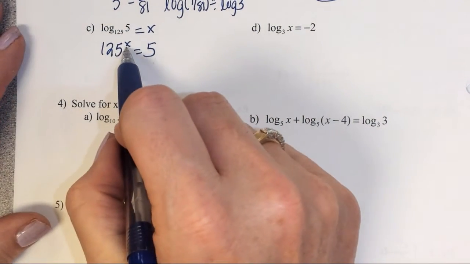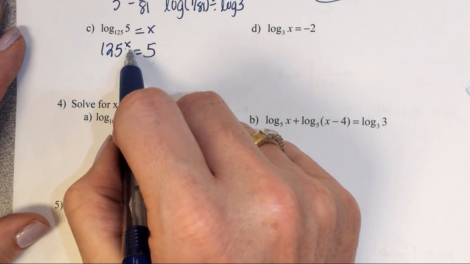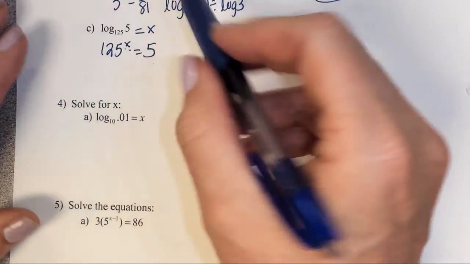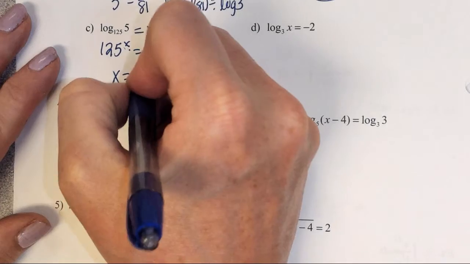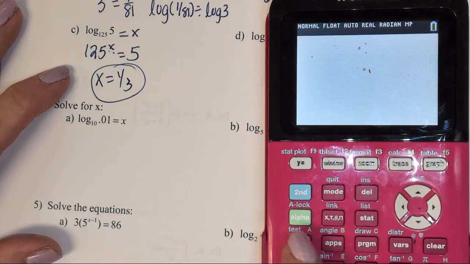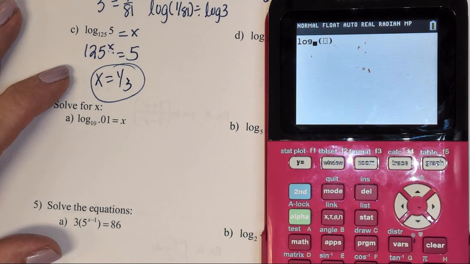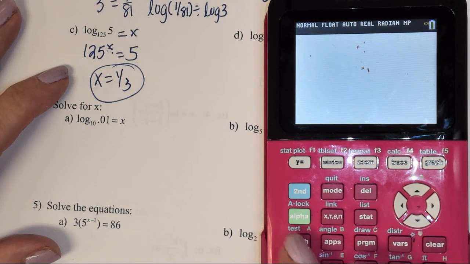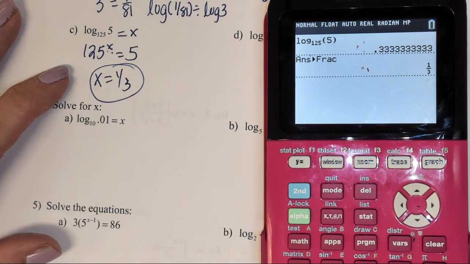So how do I write the cube root? 1/3, right? So this would be x equals 1/3. And if we don't understand that, we could always do this on our calculator if we had to. I just don't like to see you grab your calculator too early when it's something that you can figure out without. Okay, so 1/3.